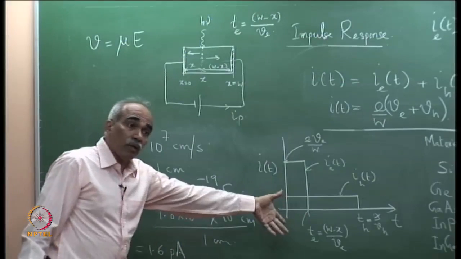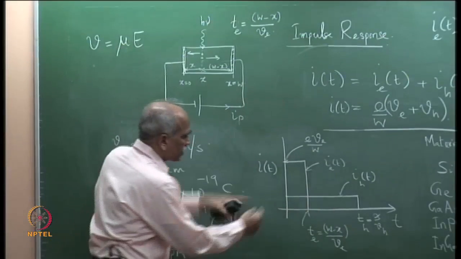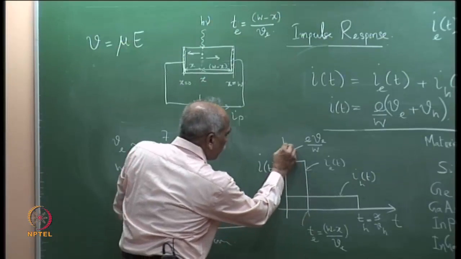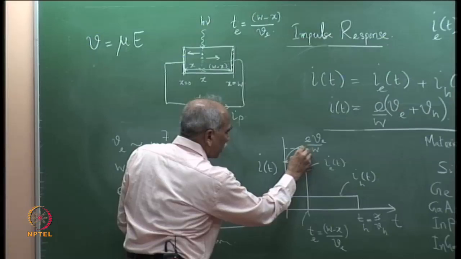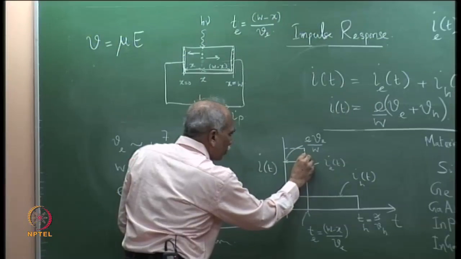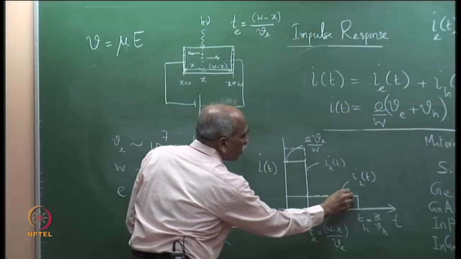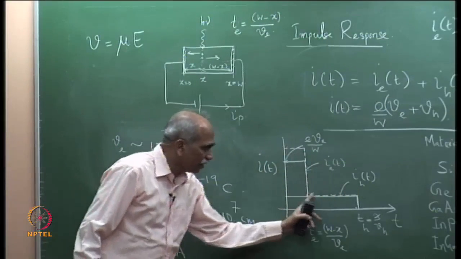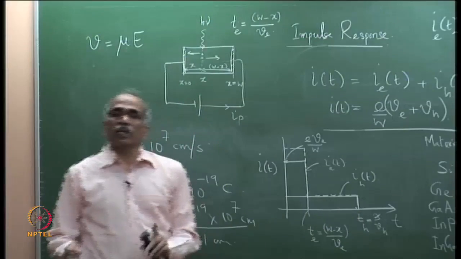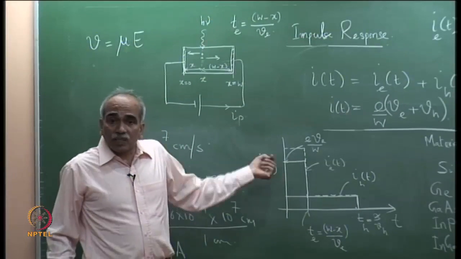So, the total current will be the sum of the two. So, if I want to plot the sum of the two, here it will add up. So, let me draw with the dotted dash line. So, my total current will look like this. The box with the dash line shows the total current. So, what have I plotted? I have drawn impulse response.